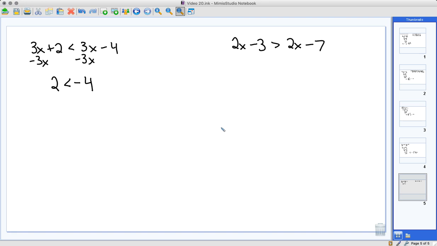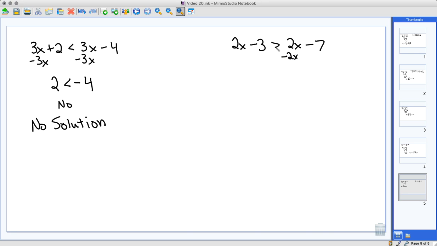Okay. This is a situation where you have to decide, is this a no solution? Is this all solutions? So ask yourself, is 2 less than negative 4? Well, that doesn't work, so this would be a no solution. So if you get an inequality that is not a true inequality, like it doesn't work, okay, that's a no solution.